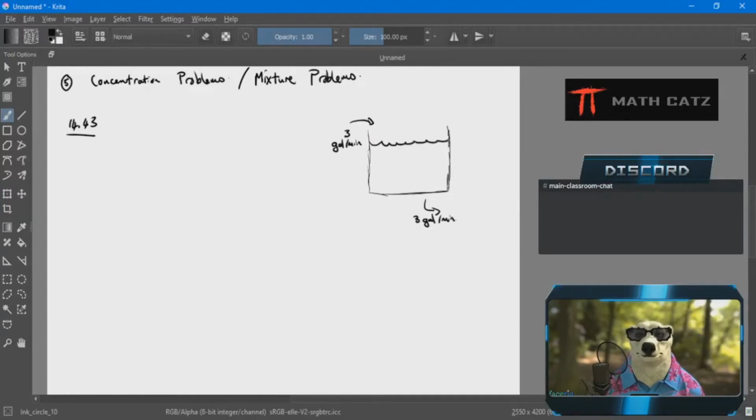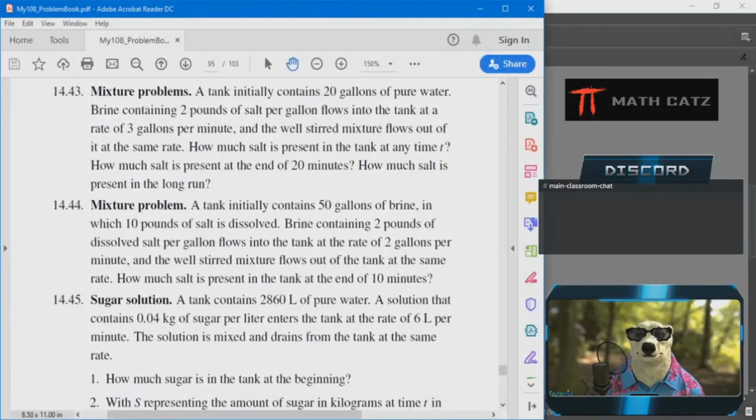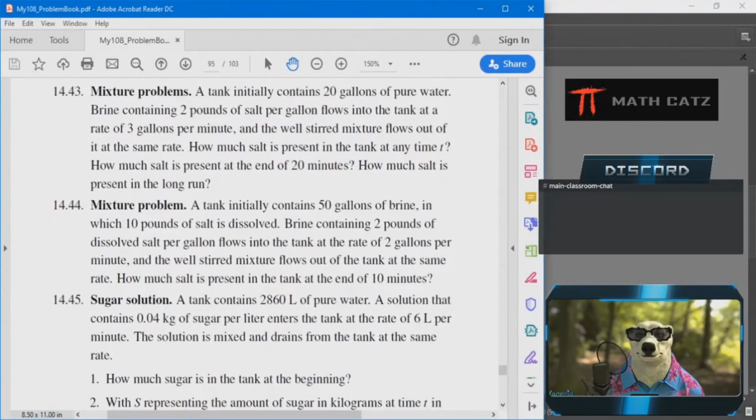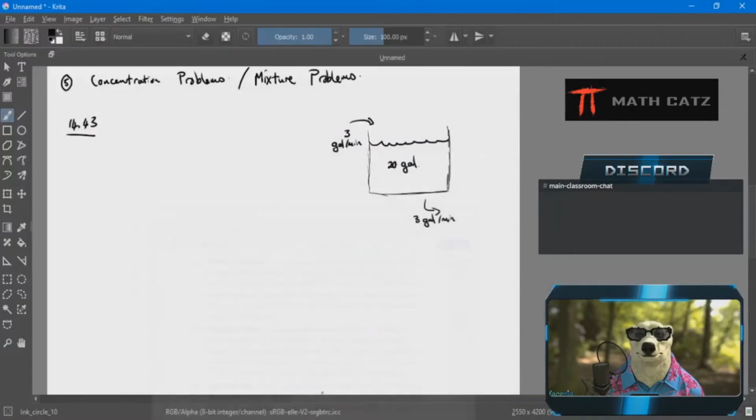So in the tank, I stay constant at 20 gallons. Now I want to know the actual amount in pounds of salt that I'm going to have in this tank. So let's define a variable.